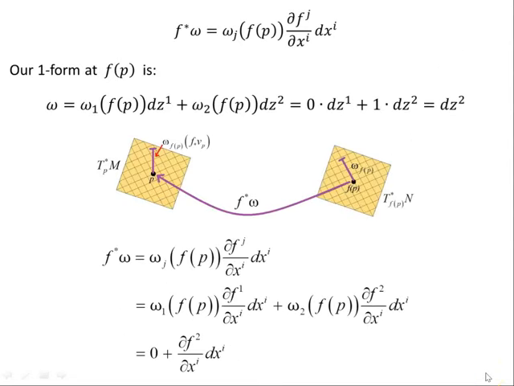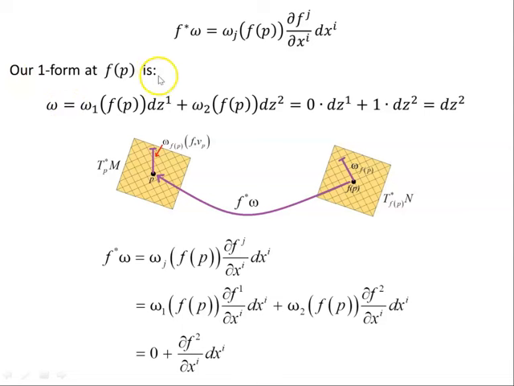Let's remind ourselves, the pullback F upper asterisk omega is omega_j at F of P, because remember we have to evaluate our one form at the point F of P. And then we have the Jacobian, which was the push forward vector. Notice all these differentials here; this is when you expand out the total differential.